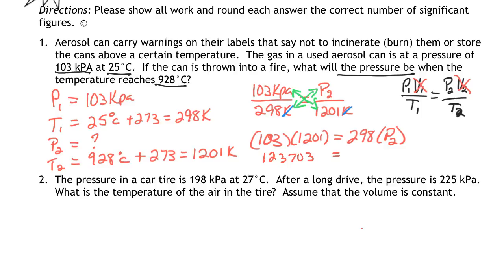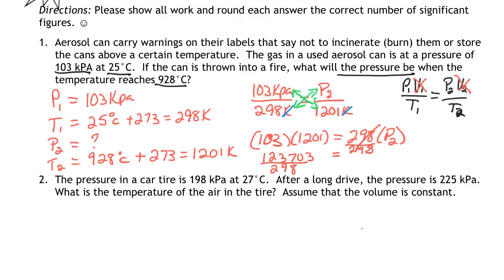Now, because remember I want to isolate my unknown, in order to do that, I'm going to need to divide this side by 298 so that that'll cross off. If I divide that side by 298, I need to divide this number by 298.